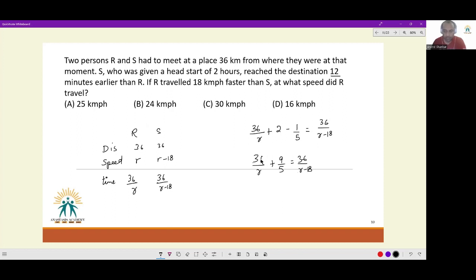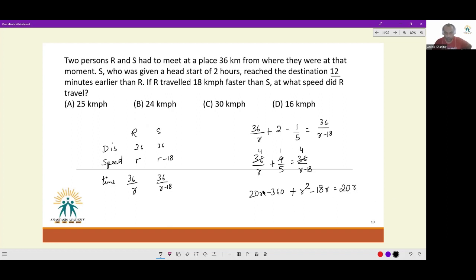I can get rid of 9s from everywhere. This becomes 4, this becomes 1, this becomes 4. Now 20R minus 18 into 4 into 5, so minus 360 plus R square minus 18R is equal to 20R.